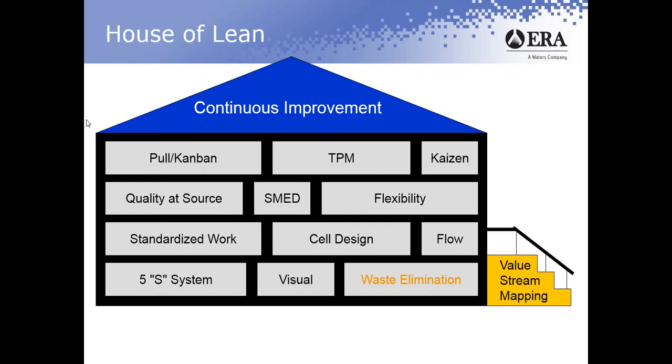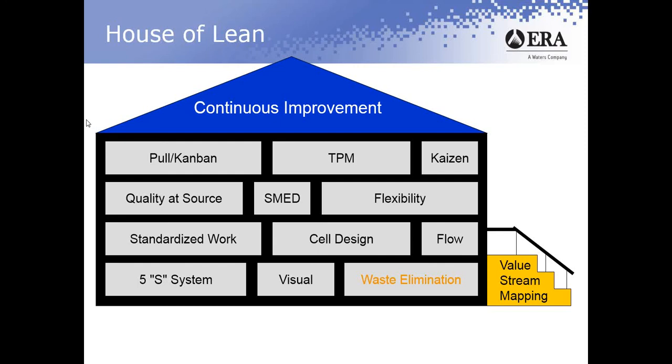This is what I call the house of lean, and basically, with any organization or any business, you have to have a good solid foundation. So typically, if you're going to start a lean process or implement lean within your business, you want to have a good foundation, and that foundation really starts with the 5S, the visual management, waste elimination.